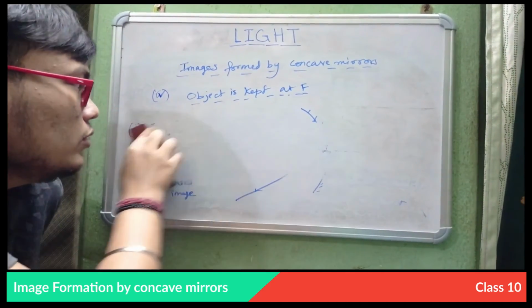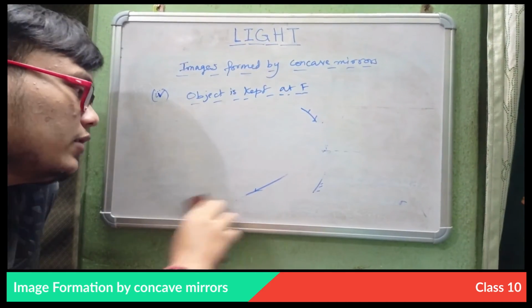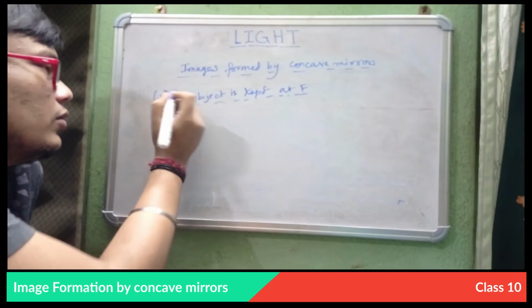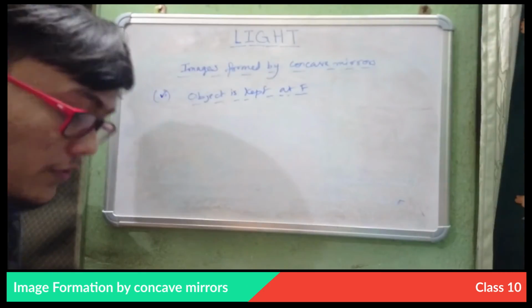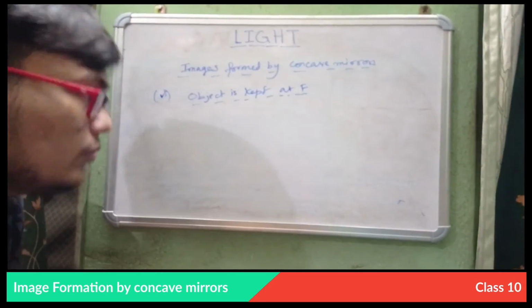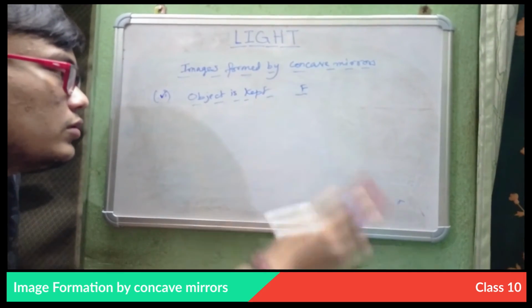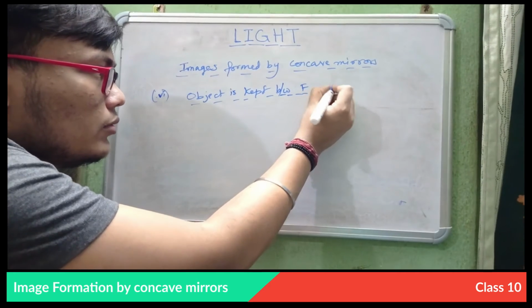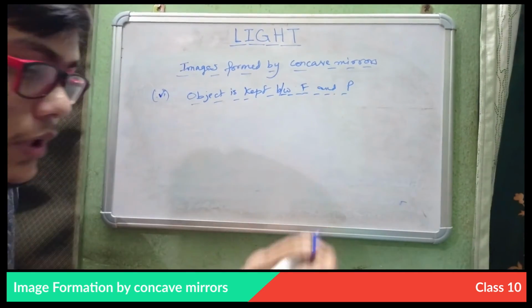In our last and final case, I think this will be case number 6, the object is kept between focus and pole.